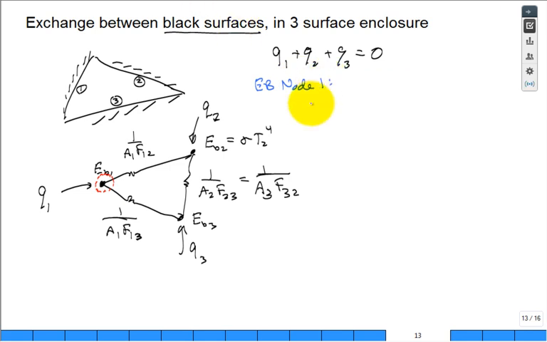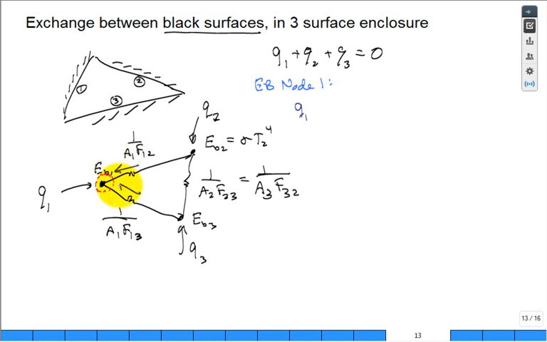What's that look like? It would be Q1 in plus, and this is the way I write it, with outs flowing away. You could write it the other way, it doesn't matter. Fine, we could write them going in then, everything going into the node.